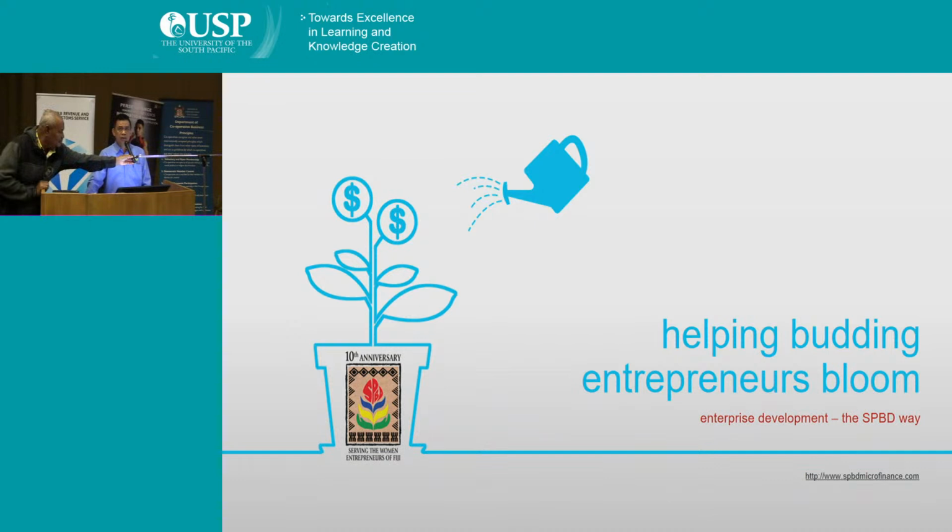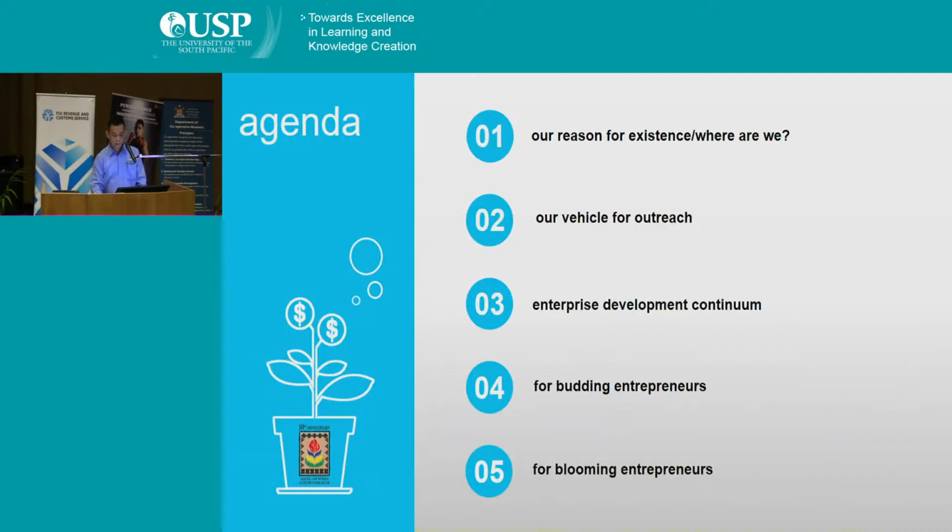SPBD is present in 5 countries in the South Pacific: Samoa, Tonga, Fiji, Solomon Islands, and Vanuatu. In Fiji, we have been here for the last 10 years, so this is the year that we're celebrating our 10th anniversary.